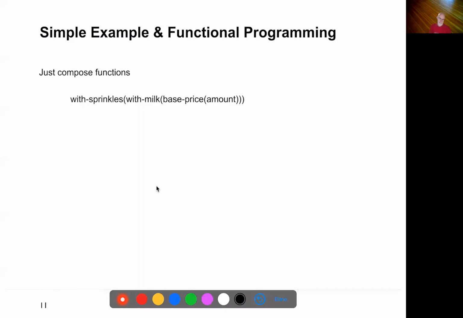Now, since functional programming is becoming more common, once in a while I'll take a look at these patterns and say, how do we do this in functional programming? And the answer is we just compose functions, right?